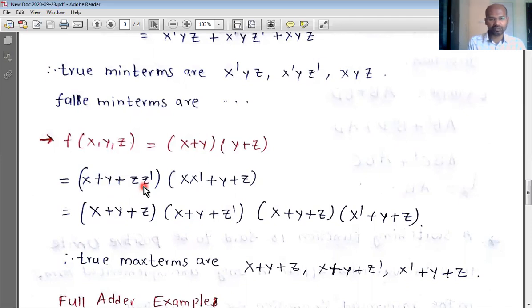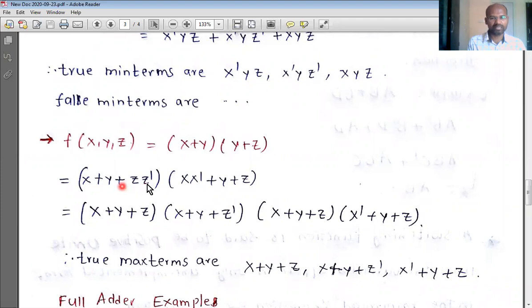What is the missing literal here? Z is the missing literal. Z into Z bar is 0 always. It is one of the rules that we have discussed earlier. So we're adding 0 to x plus y. That doesn't alter the result.